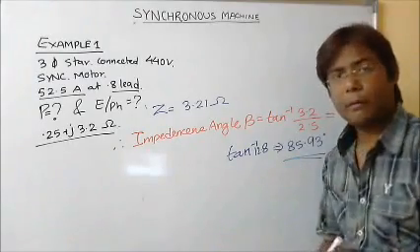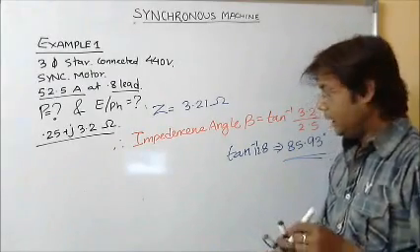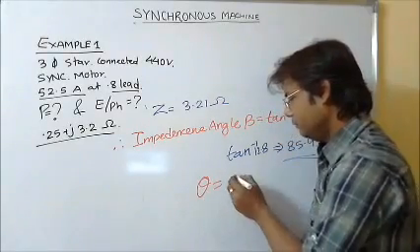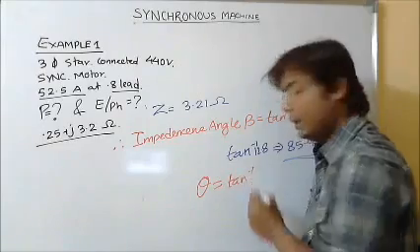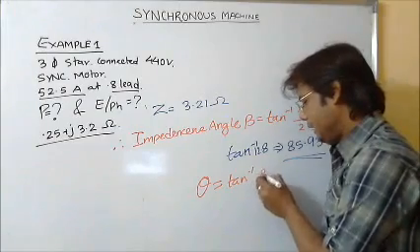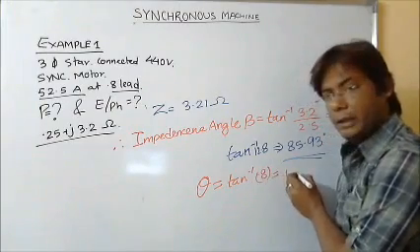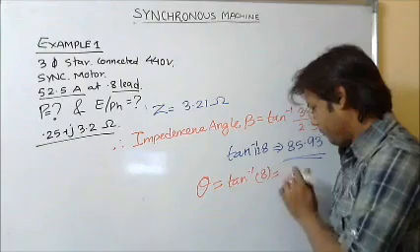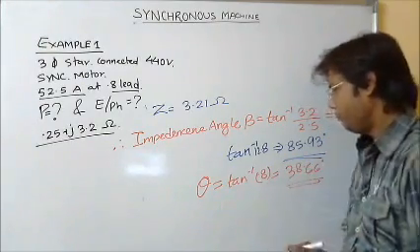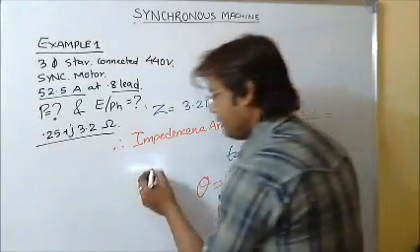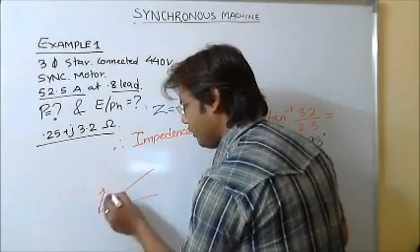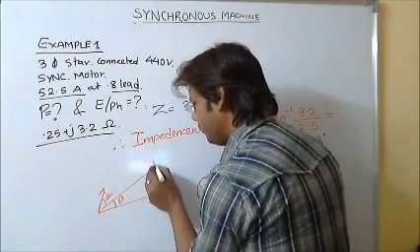So I got beta now, and I can find the theta also. Theta is equal to cos inverse of 0.8, which is 38.66 degrees.